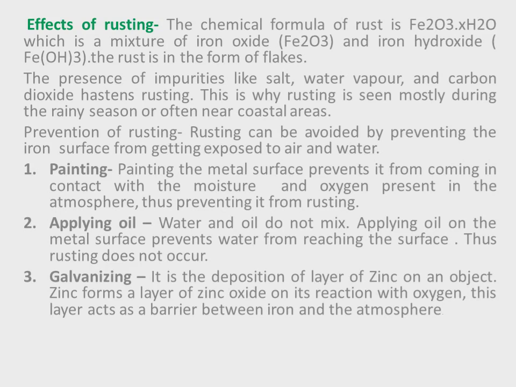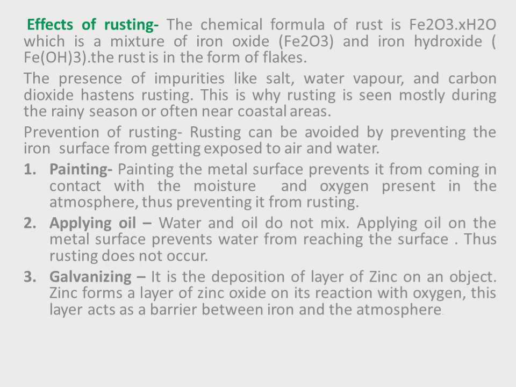Prevention of rusting. Rusting can be avoided by preventing the iron surface from getting exposed to air and water. Some of the methods are: 1. Painting. Painting the metal surface prevents it from coming in contact with the moisture and oxygen present in the atmosphere, thus preventing it from rusting. 2. Applying oil.